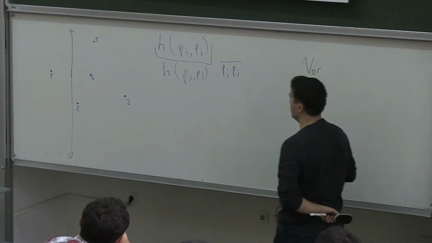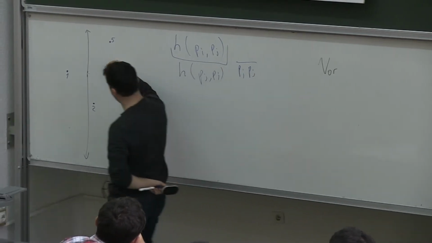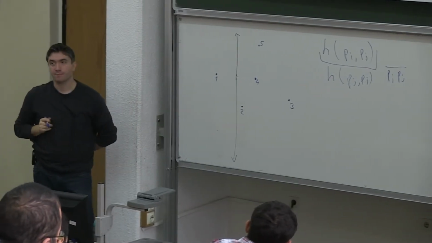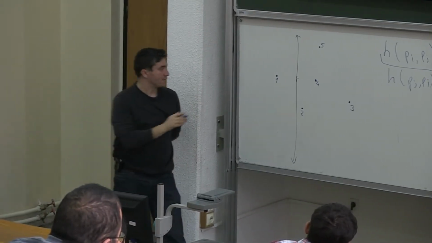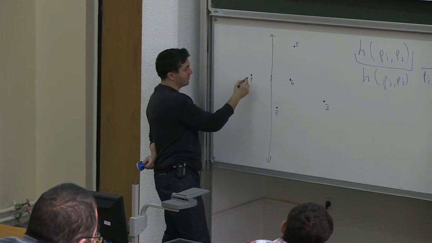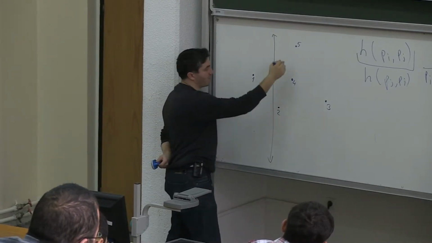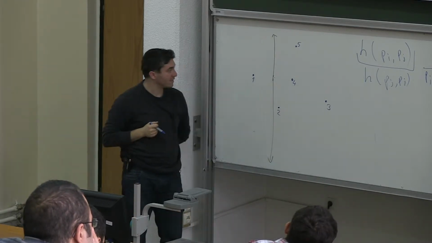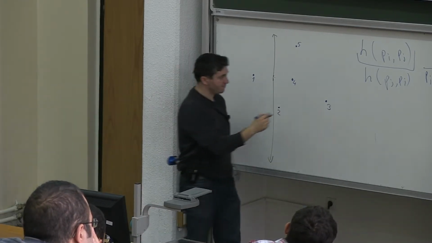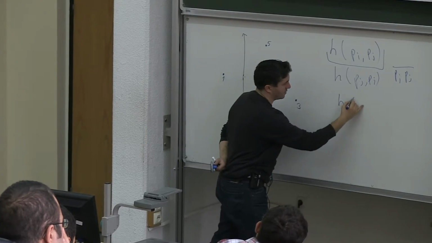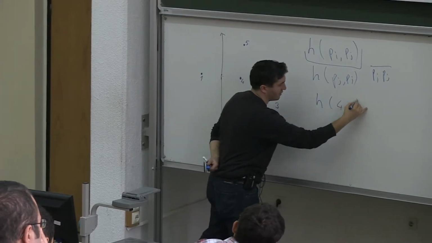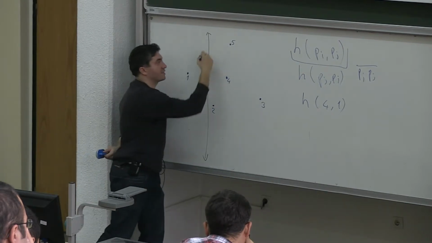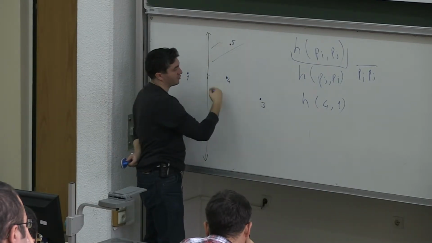Now, for a given site like this, 4, if I pairwise compare this site 4 with all the other remaining sites, I'm going to look at H41 first, which is going to be this region.